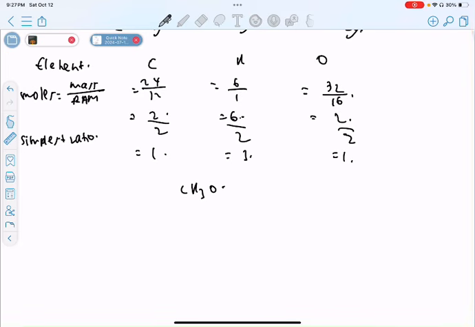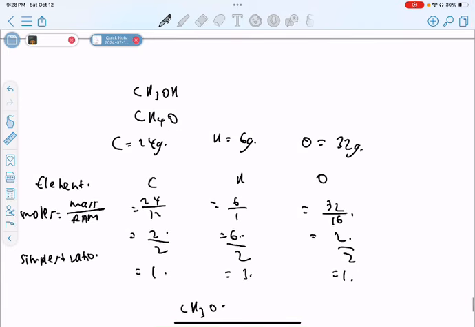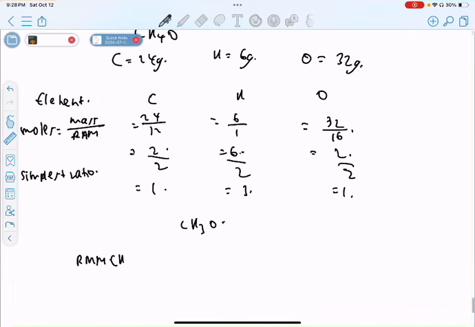Now, let's say they give the relative molecular mass, which is RMM, of the compound. What is the empirical mass of this?